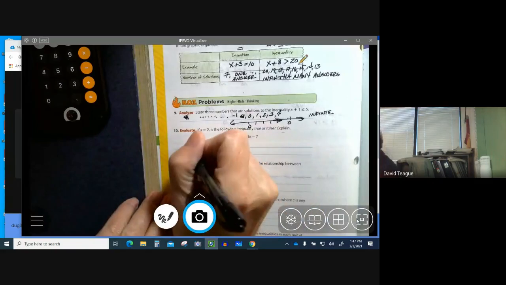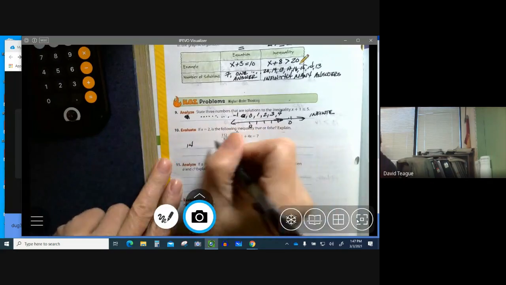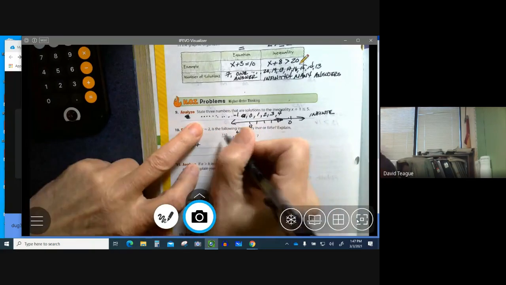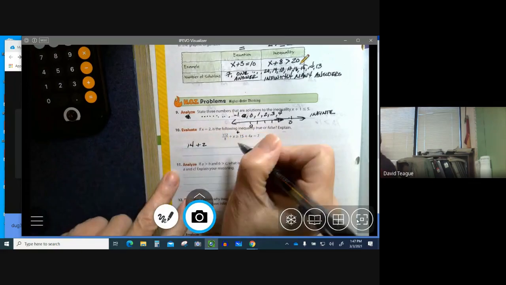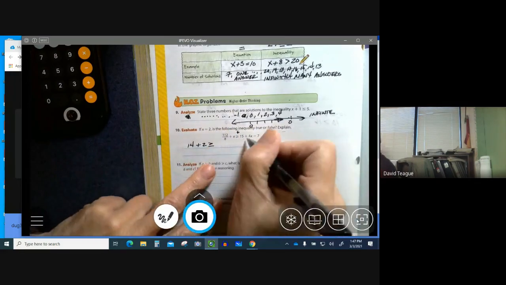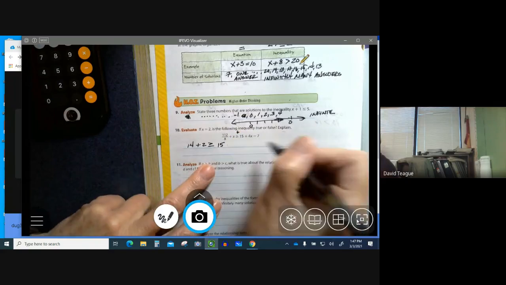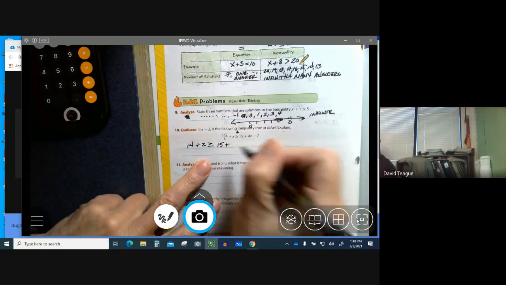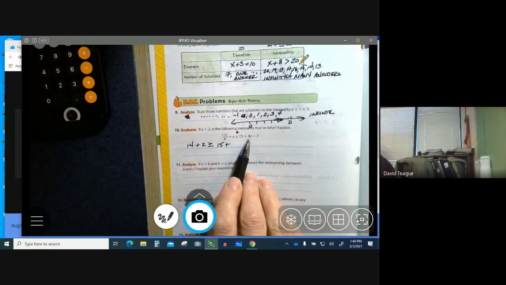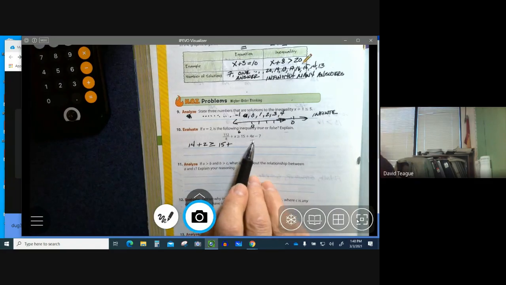Okay, so I know this simplifies to 14. So if I take 14 plus x, which is 2, is greater than or equal to 15 plus, and now you're seeing 4x. When you see 4x like that, that is multiplication. Mathematicians are kind of lazy, and they don't like to write any more than they have to.